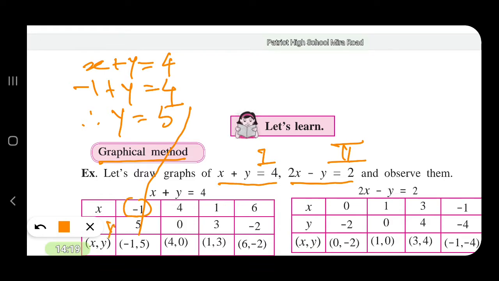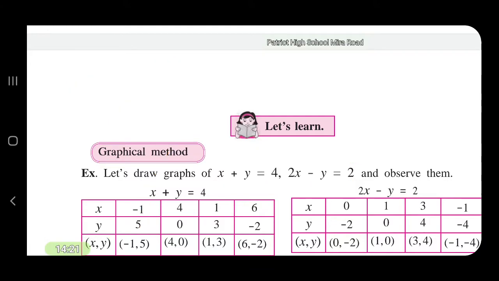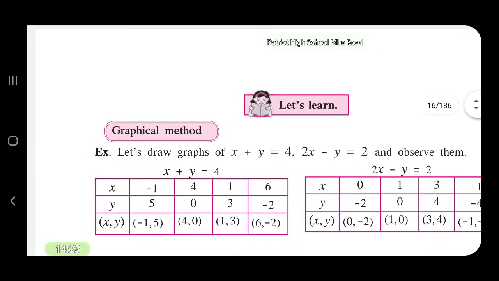Now let us go for the next pair. Let us take y is equal to 0. If we take y is equal to 0 in this, x plus y is equal to 4, then what will happen?